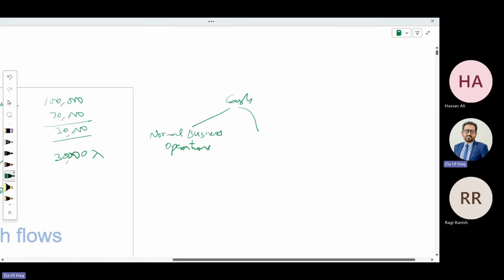Business generates cash through non-current assets as well. There is some cash involvement in non-current assets, like you are buying asset, you are selling asset. There is some cash involvement from shares and debt as well.